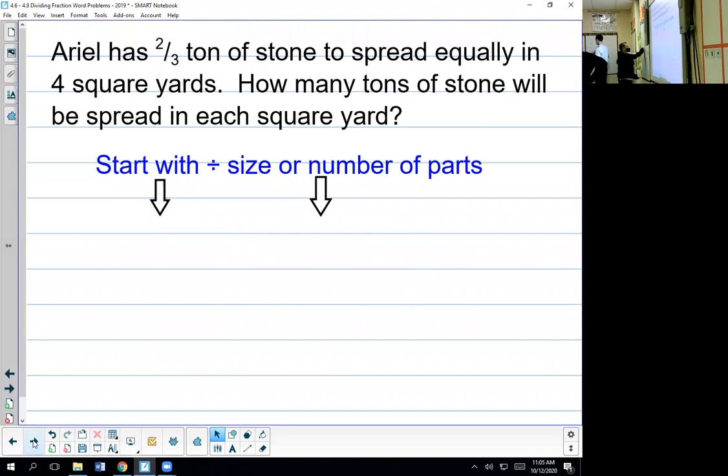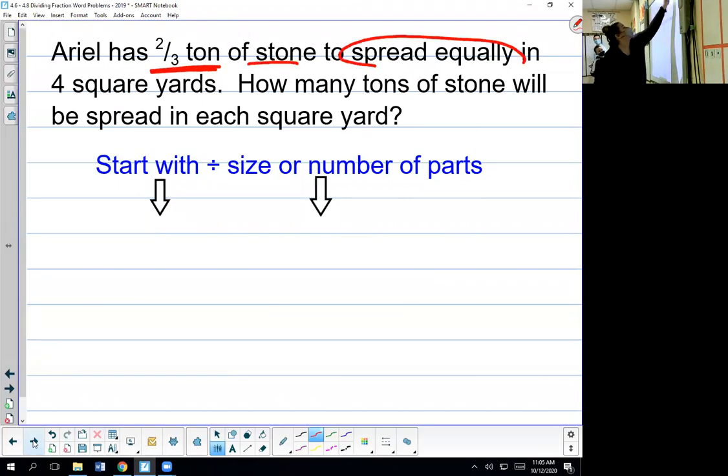That's a lot of stone. 2/3 ton of stone to spread equally. I get the way it's division. 4 square yards. How many tons of stone will she need to spread in each square yard?